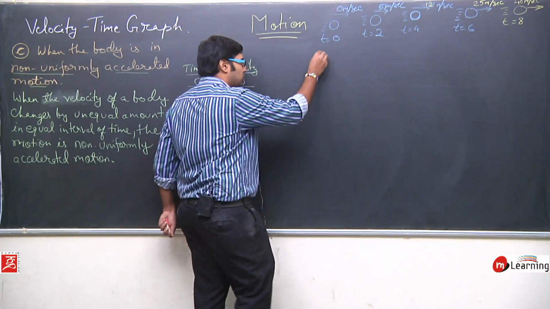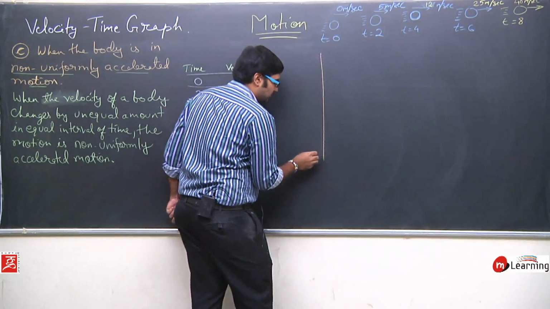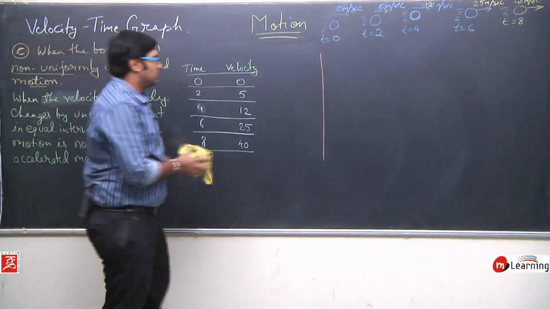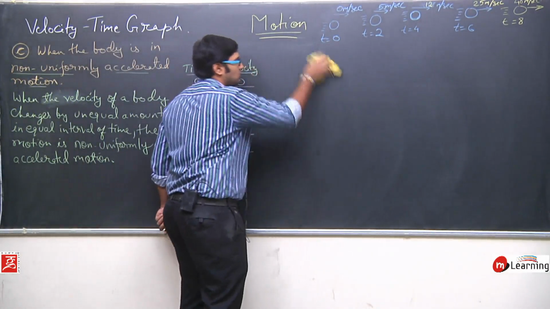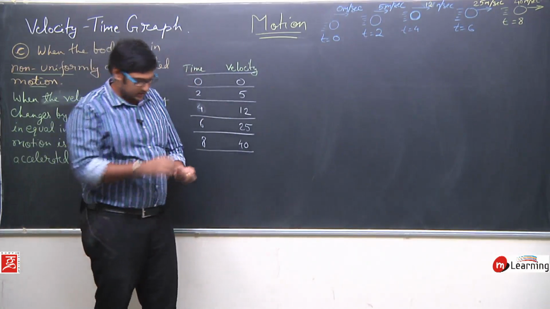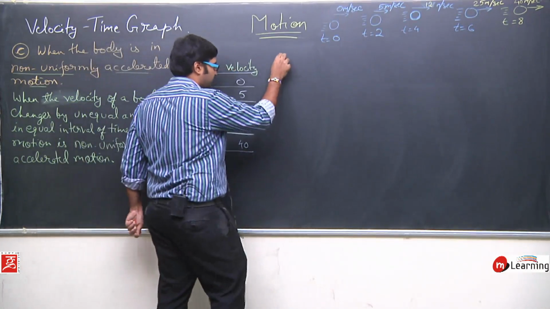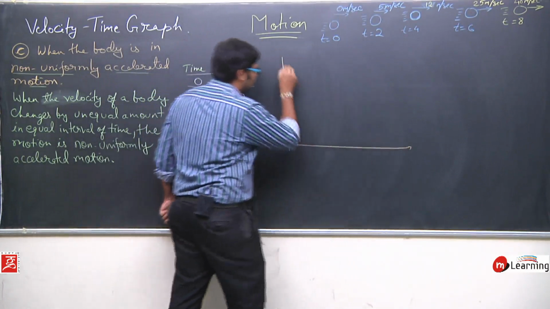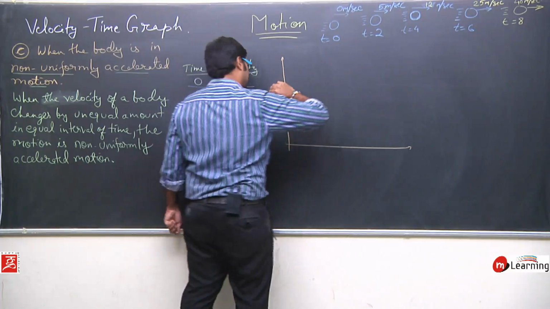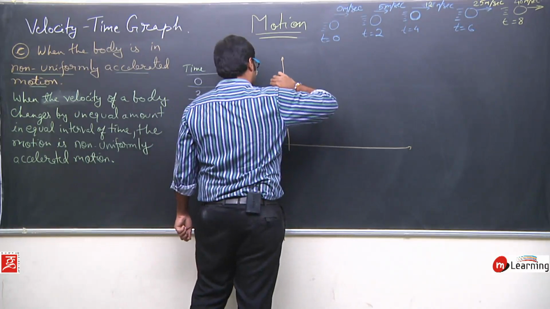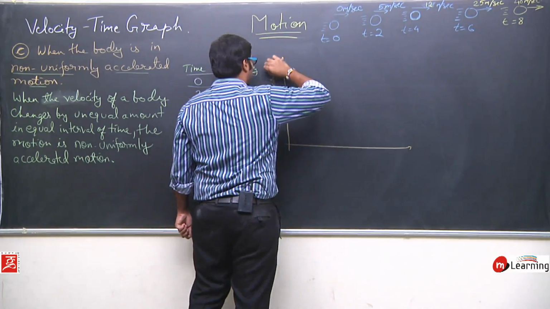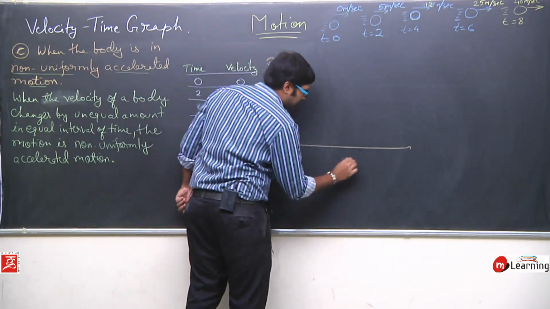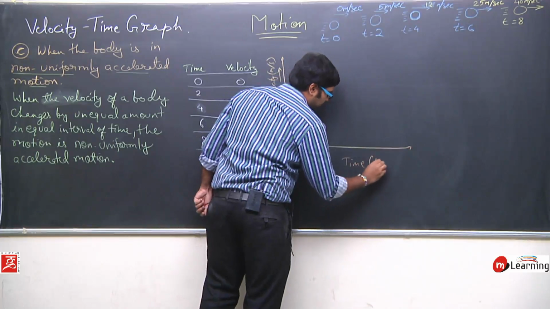So if I want to plot this situation on a graph, let us try to plot the situation on a graph. This is velocity in meters per second, and this is time in seconds.